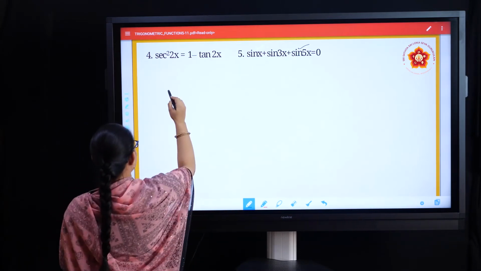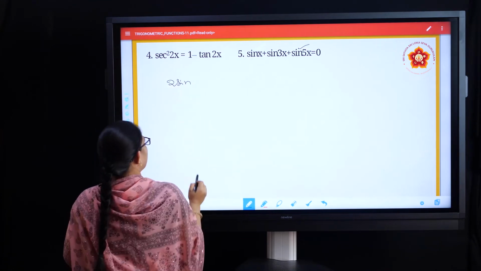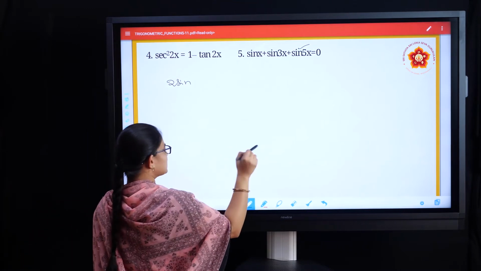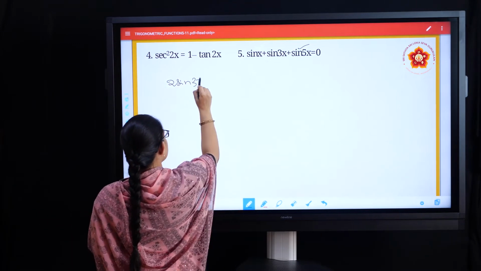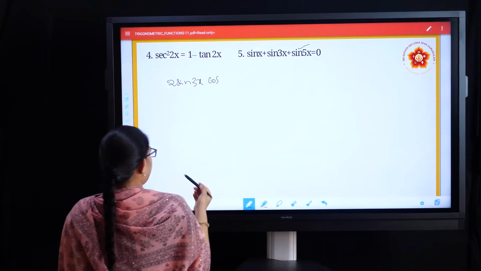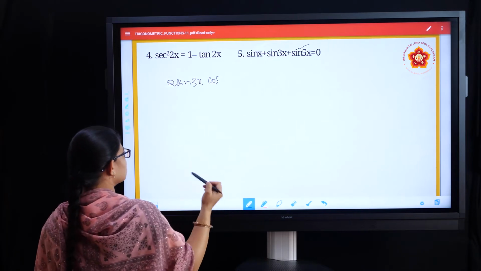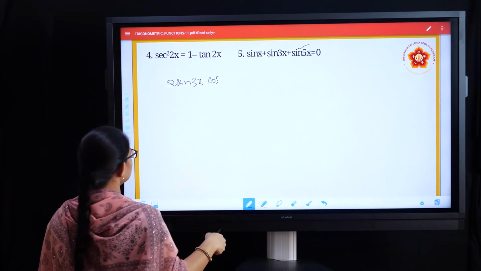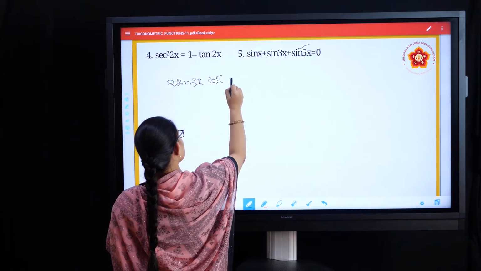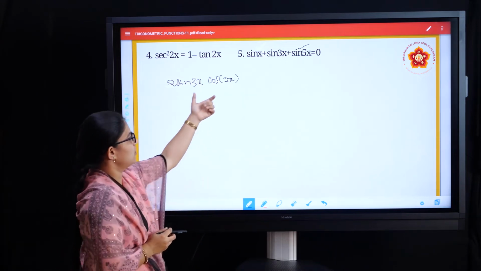So sin x plus sin 5x is nothing but 2 sin of (x plus 5x) by 2, that is 6x by 2, that is 3x, into cos of (x minus 5x) by 2, that is minus 4x by 2, that is minus 2x. But cos of minus 2x is cos 2x. So we can write it as cos 2x instead of cos minus 2x.